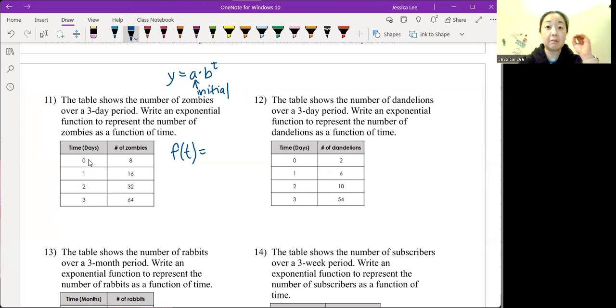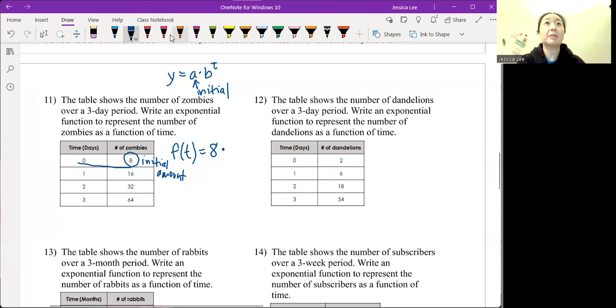So at day 0, that would be the initial amount. That's how much we start with. We start out with 8 zombies. If you remember the zombie thing that we did before, this is that.